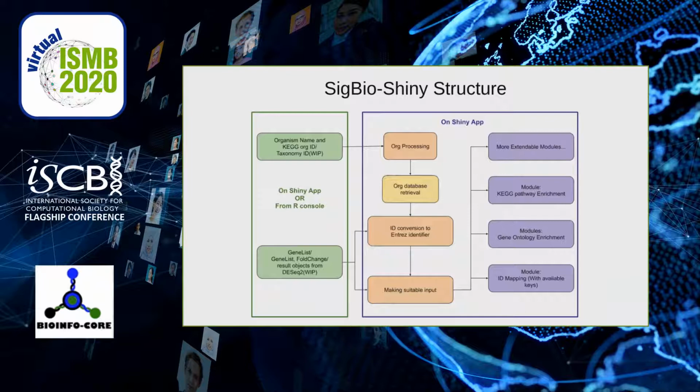Then it processes your organism ID and retrieves the database, and the input gene list it converts into Entrez IDs and makes a suitable input for further packages to be processed. So there are different modules now. One module is ID mapping, another is gene ontology enrichment, similarly KEGG pathway enrichment, and more extendable modules.